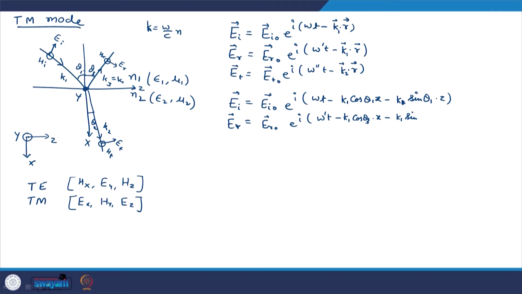So, cosθ3, sinθ3 into z, and E_t is equal to E_t0 e^(i(ω''t − k2 cosθ2 x − k2 sinθ2 z)). So, we have this kind of waves. Now, we apply boundary conditions.